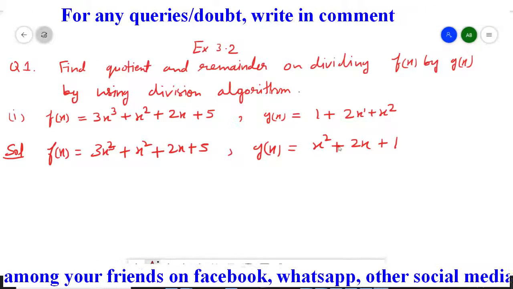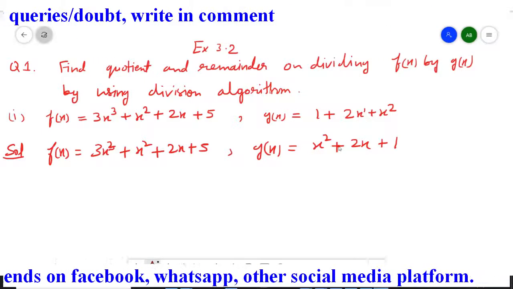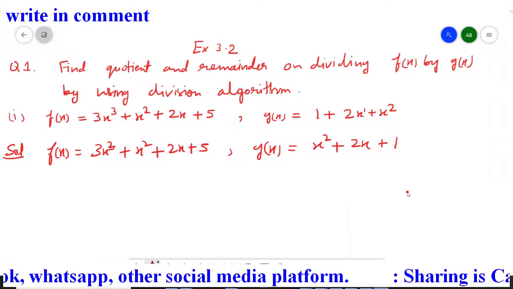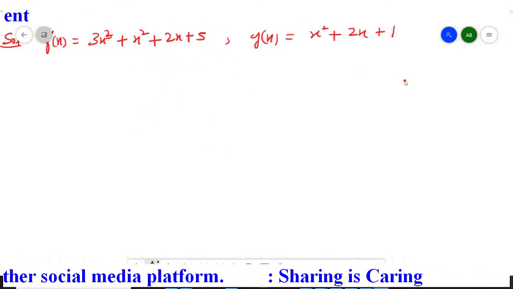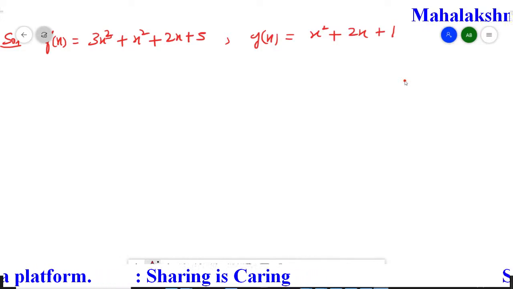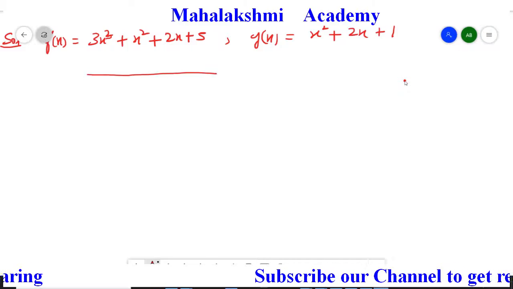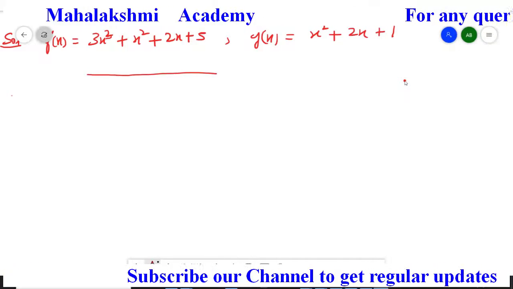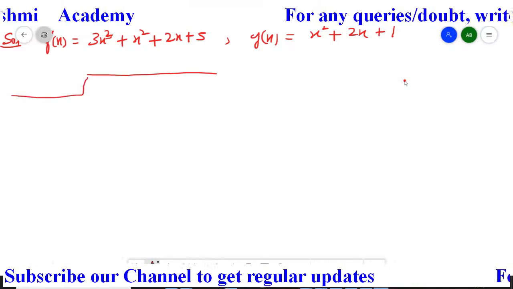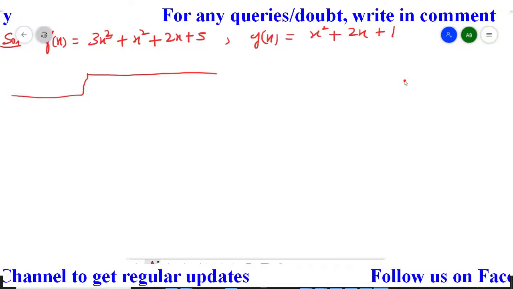Now we will start the division process. For that we make the division symbol. It's going to be like this. So we are dividing f(x) by g(x).